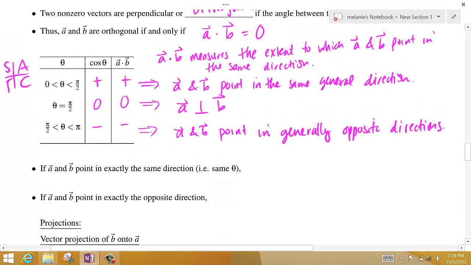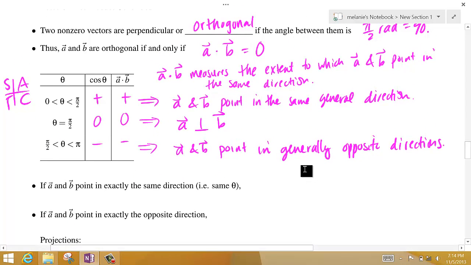If A and B point in exactly the same direction, which means the angle between them is 0, then we have cosine theta, well that's cosine 0, is 1.